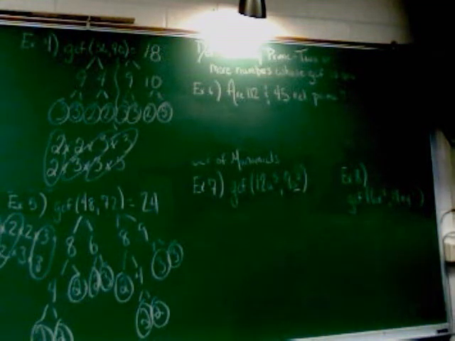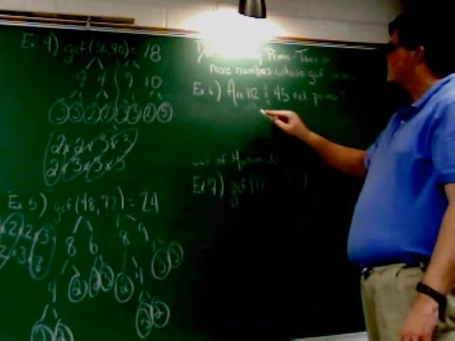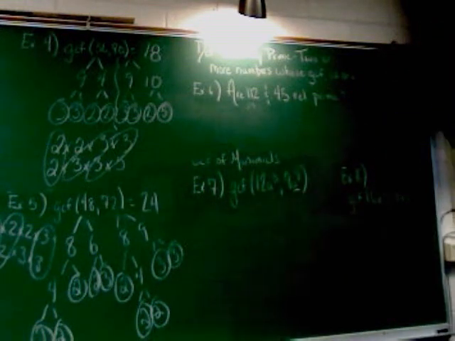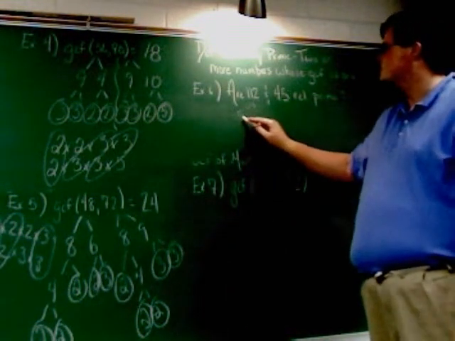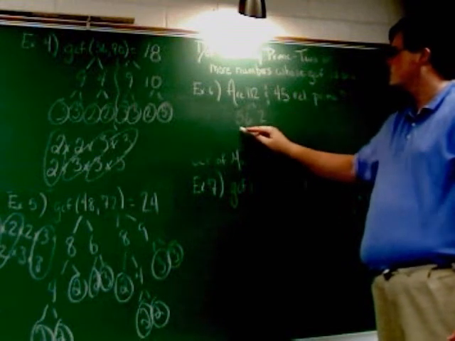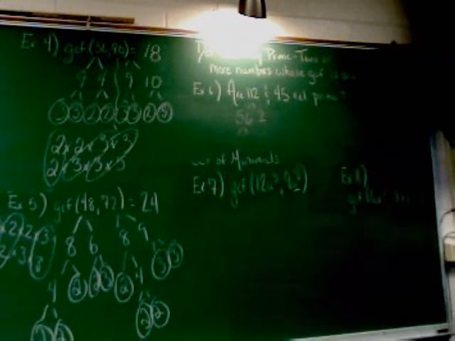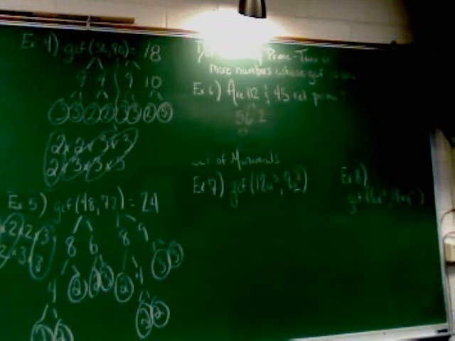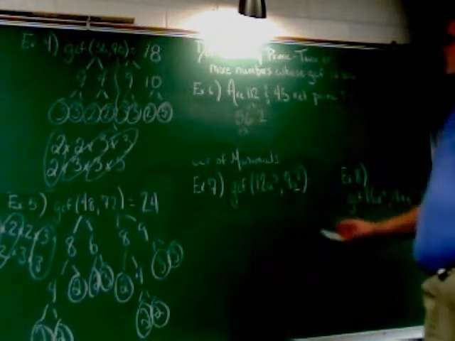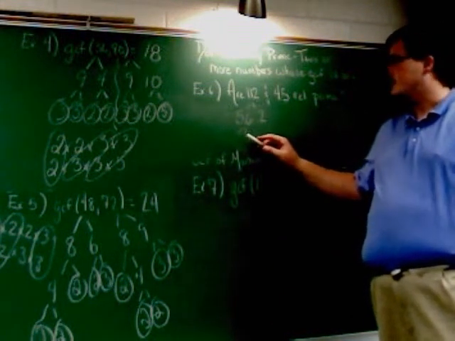All right, so let's start with 112. The obvious way to break down 112 would be starting with 56 and 2. All right, break down 56 for me. Kevin? 8 and 7.